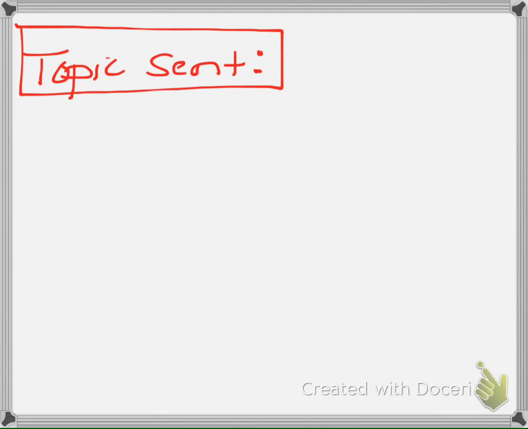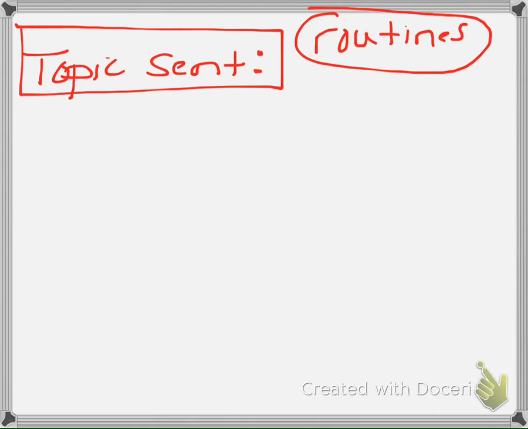What do we want to use? Transitional sentence. Yes. Okay, so now we want to use a transitional sentence. So the whole thing has to do with routines, right? So come up with a transitional sentence that would be the very first sentence in that paragraph proving that these new routines are challenging. And I think we might have done this previously. So go ahead and turn and talk to your partner.